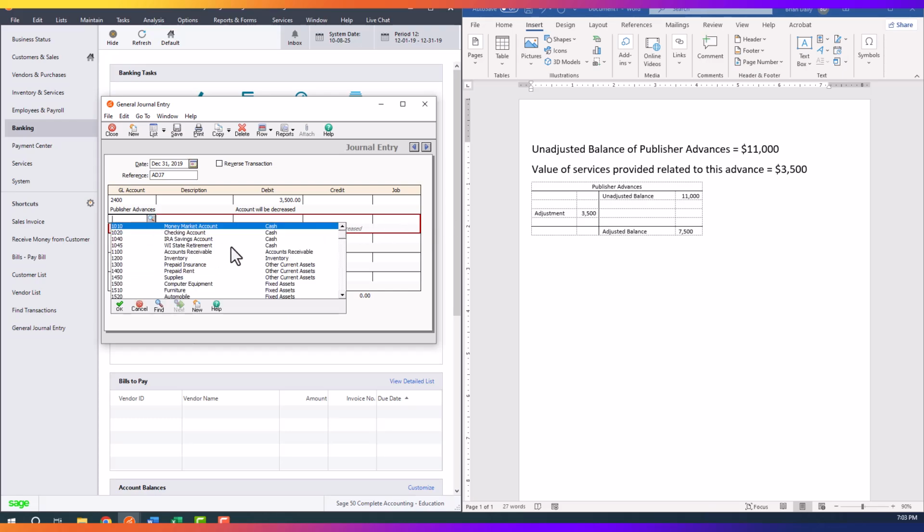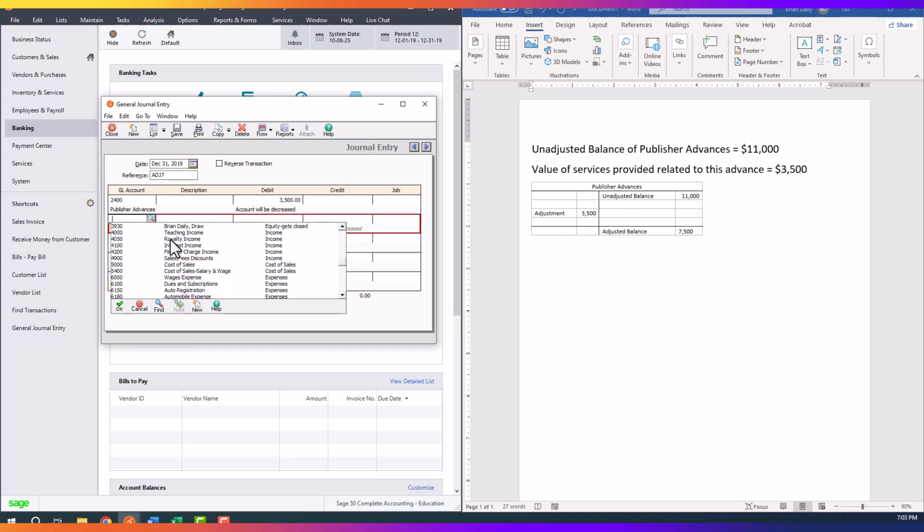So we're going to go to our chart of accounts here and take a look. And sure enough, here we have revenue accounts, income accounts, and we have different sources of income. So we want to make sure the one that we're selecting here makes some sense. And the text doesn't really say what the services are, but I don't think we were teaching for the publisher. I don't think we're earning interest.